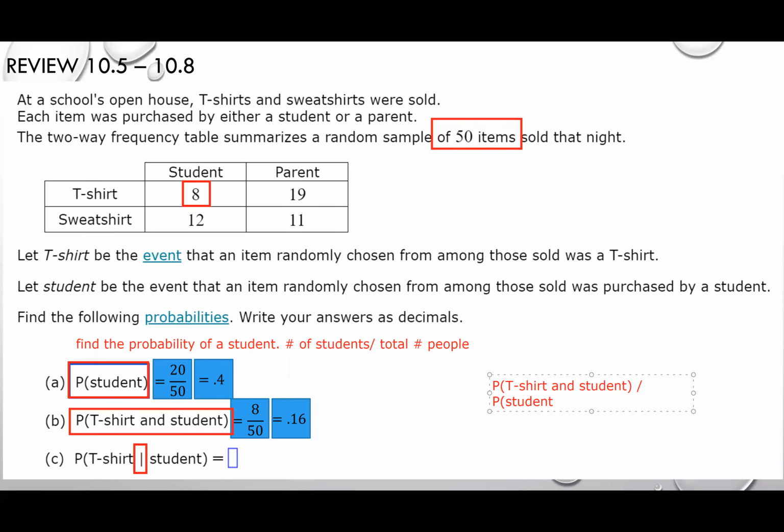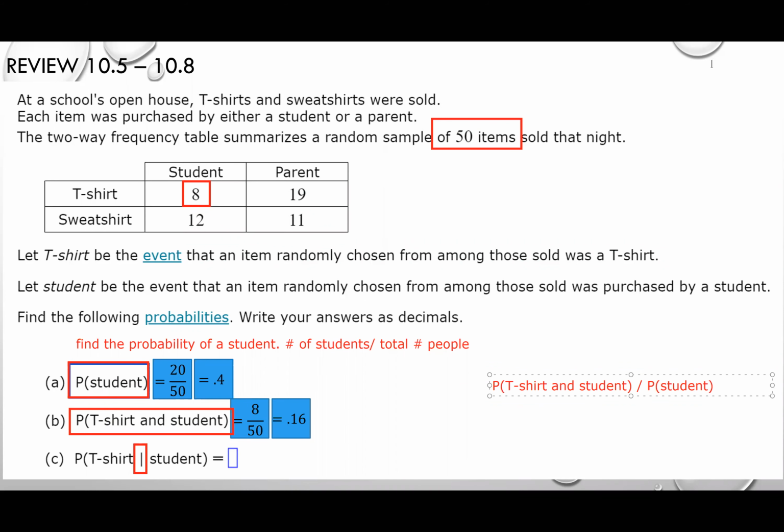So they ask you to find the probability of a person who bought a t-shirt given that the person is a student. If you remember, I told you anything after the word "given" is your denominator.